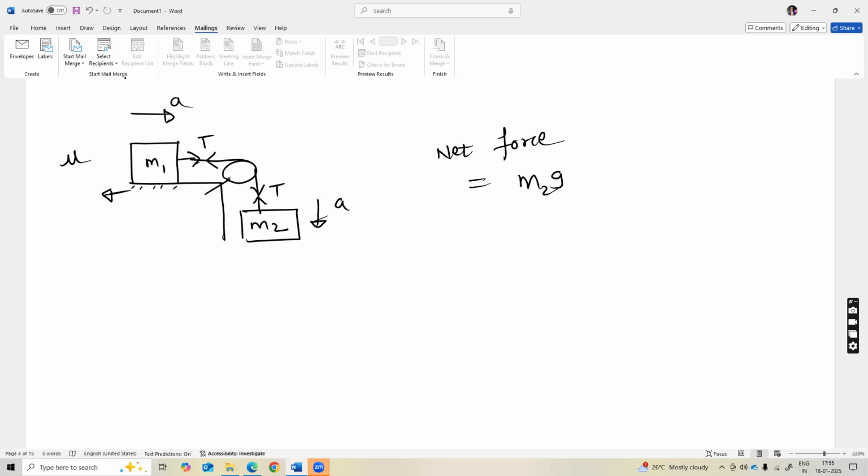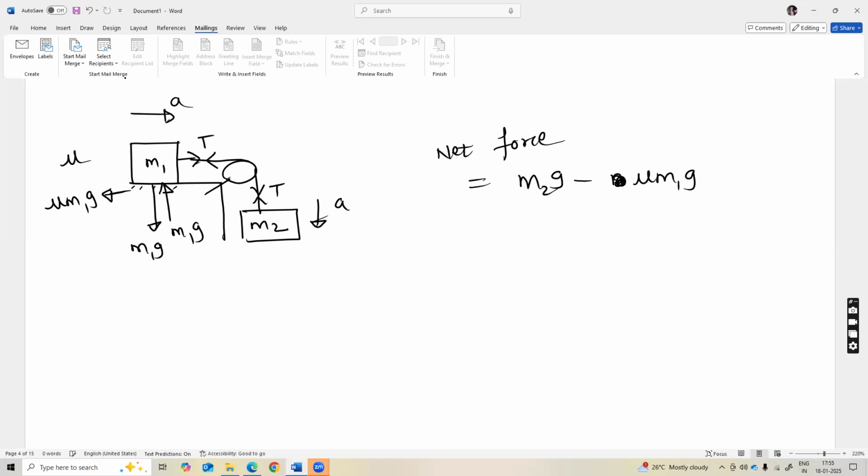The weight of M1, that is M1G, is acting downward, so there is a normal reaction M1G upward. Therefore, the force of friction is mu M1 into G, opposing the motion. So the net force acting on this system is M2G minus mu times M1G.